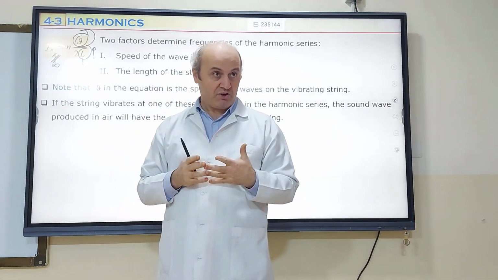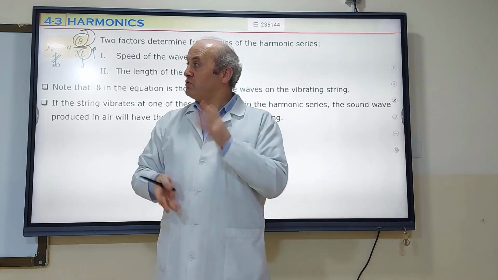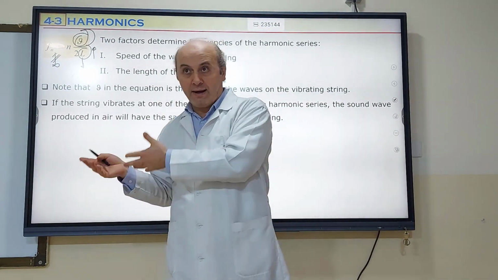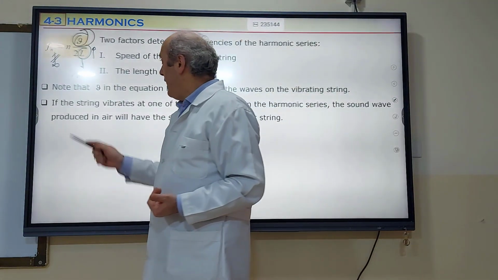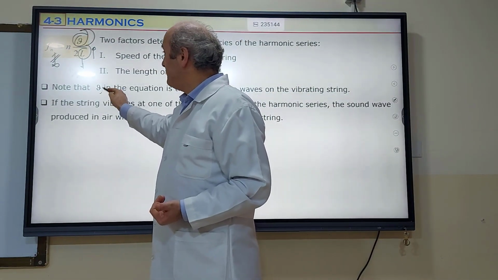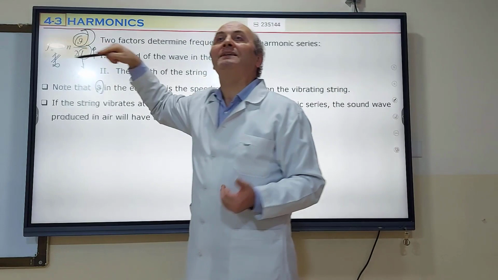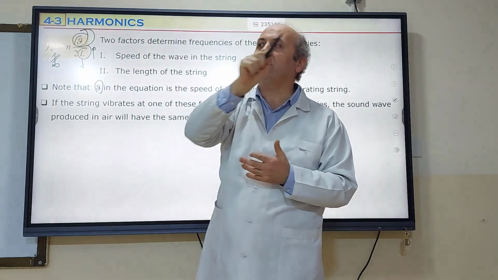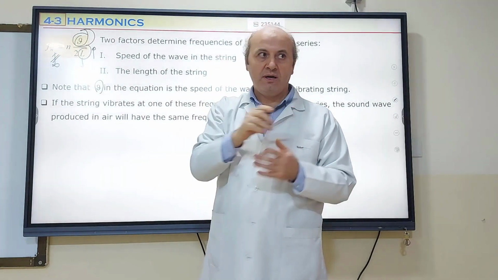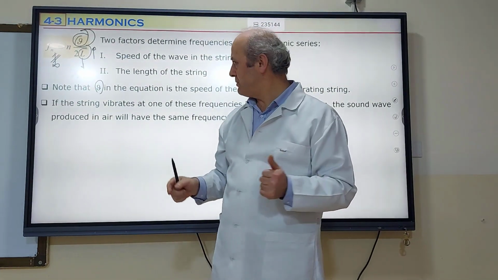Because speed increases when tension increases, because it starts to vibrate faster, and that's why sound becomes high pitch. Note that this V in the equation is not the speed of sound in the air. It is the speed of the mechanical wave which is traveling back and forth in the string.